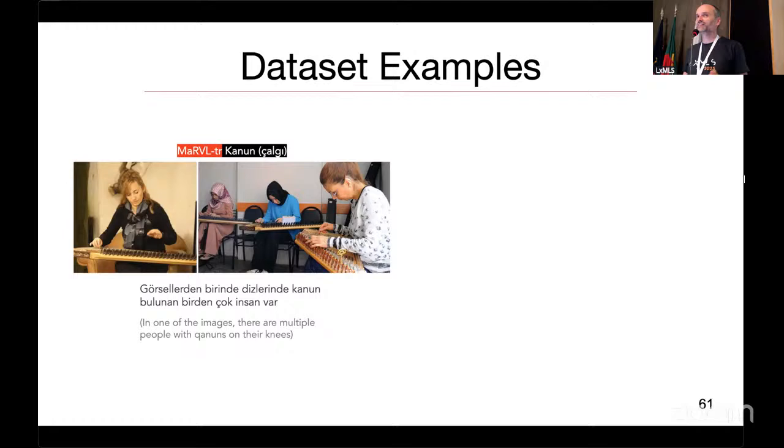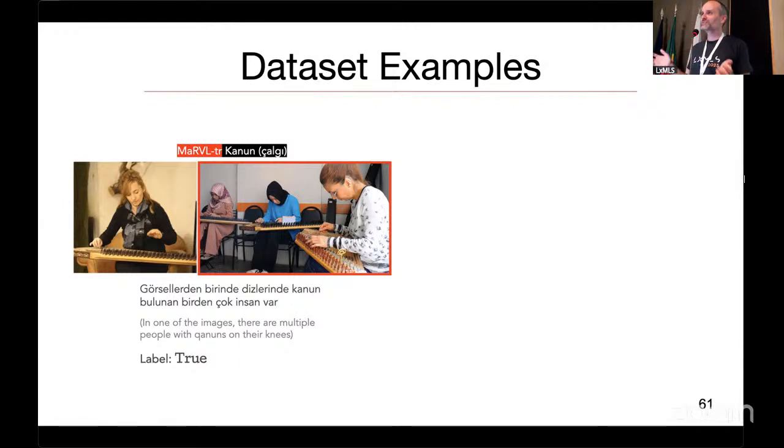And so in that case, if the statement is that in one of these images there's multiple people, then the answer is yes, because it describes the image on the right and it's contrasted to the image on the left. Correct. Perfect. So I guess this is a type of musical instrument. I have no idea what it sounds like, but it seems like you have to play it by resting it on your knees.